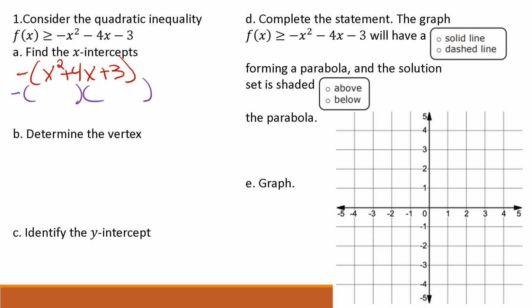So we want to think of two numbers that multiply to be 3 and add to be 4. Three and 1.